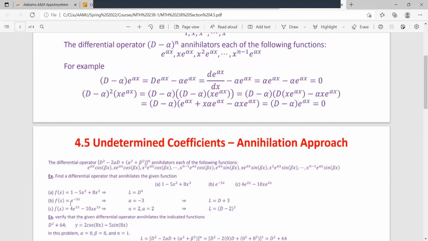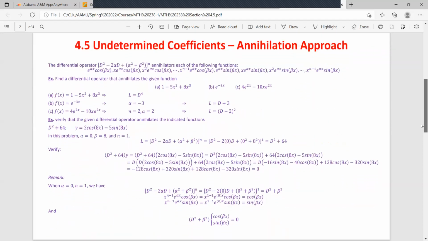So if you let alpha equal 2 and n equal 2, then we just get d minus 2 squared, right? And that will annihilate each term of the function f, both e to the 2x and x times e to the 2x. So the answer is just d minus 2 squared, all right?